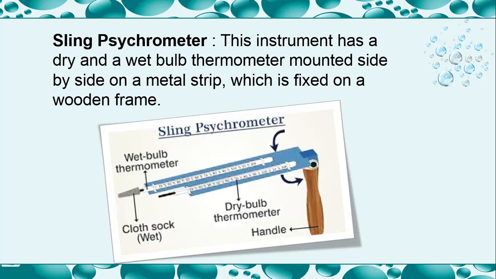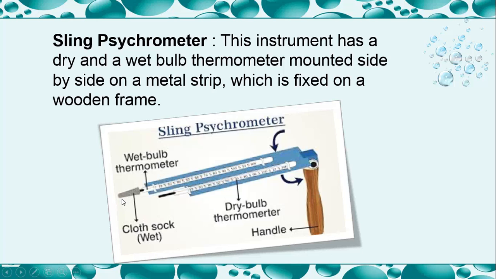The frame has a handle on the side which acts as a pivot on which the wooden frame can be rotated. The wet bulb is kept wet by a piece of wick which soaks water from a small cylindrical water container.